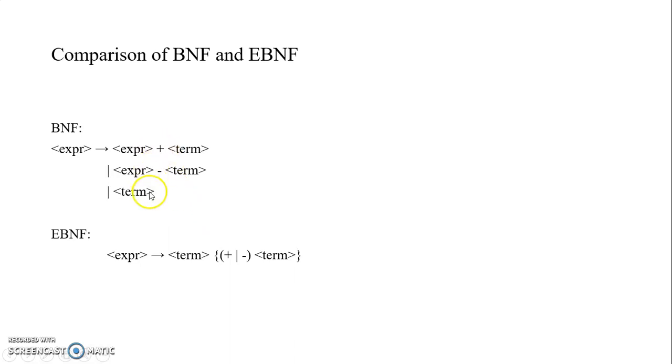That means the three different lines we have represented by writing only one line. Fine. So here we have written three different lines and represented the entire thing by writing only one line. Okay, so here is the main comparison between BNF and EBNF.